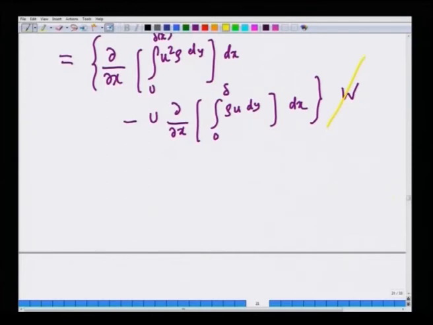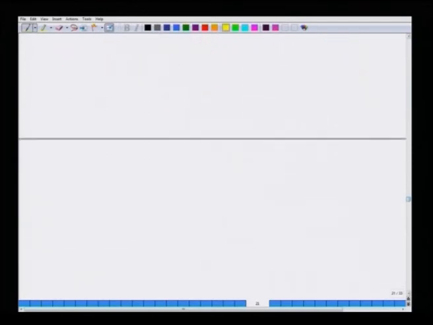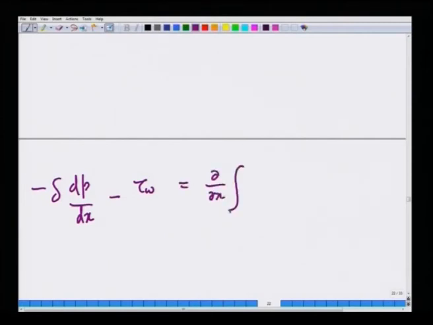Therefore, if you do everything, finally what we get is the following: minus delta dP dx minus tau w, after dividing by w dx, is d dx of integral 0 to delta of rho u squared dy minus U d dx of integral rho u dy.